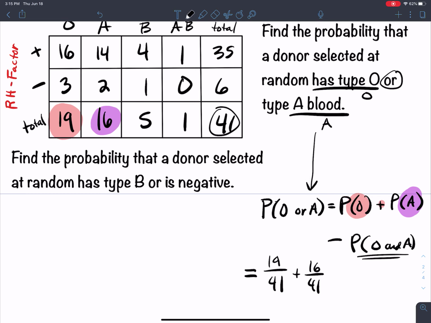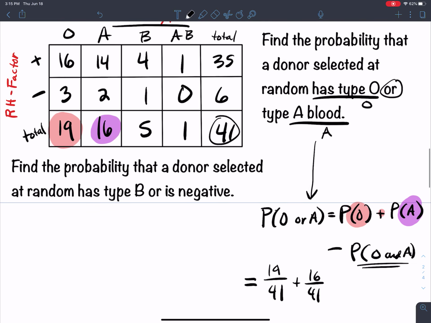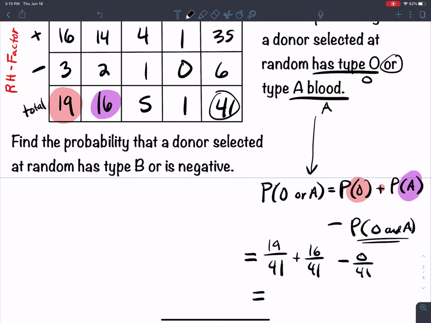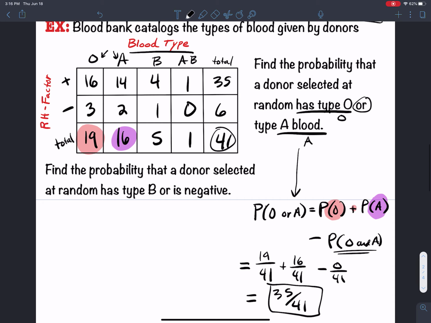And then probability that you're O and A. Well, you can't be O and A at the same time. So that's 0. There's no chance of that. And so what is this? It's 19 plus 16 gets me 35 out of 41. That's my probability. The addition rule, you add. Multiplication rule, you multiply. Or is the key word that tells us it's addition rule.